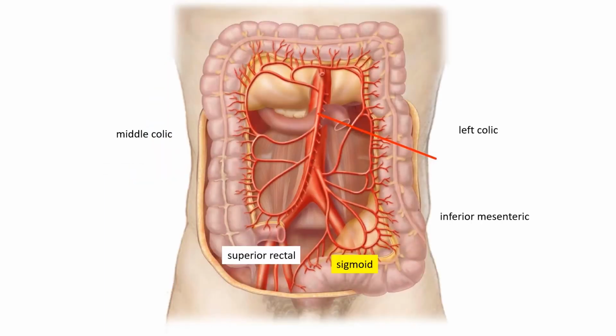As the thoracic aorta is only giving the posterior intercostal arteries, the aorta gets into the abdomen and it gives anterior branches, three of them, and it gives lateral branches.